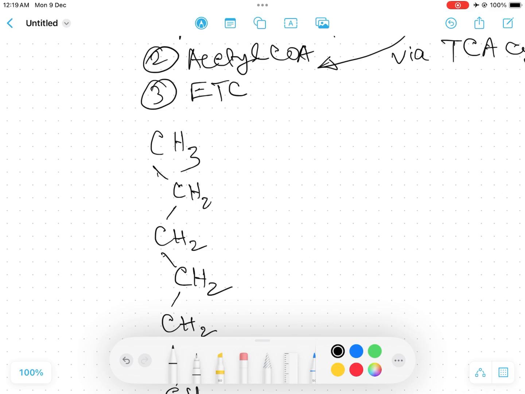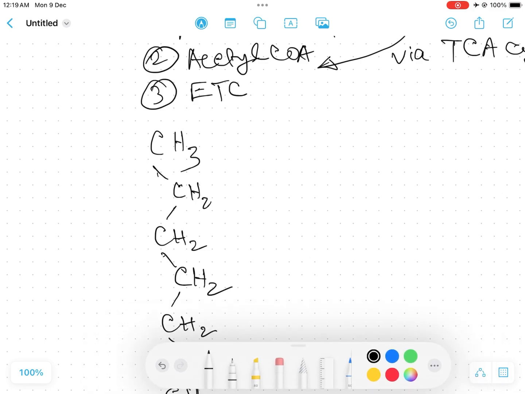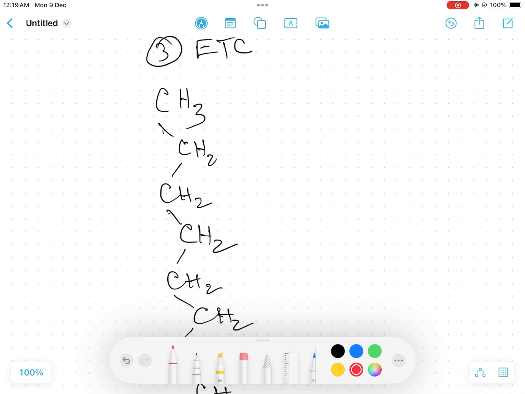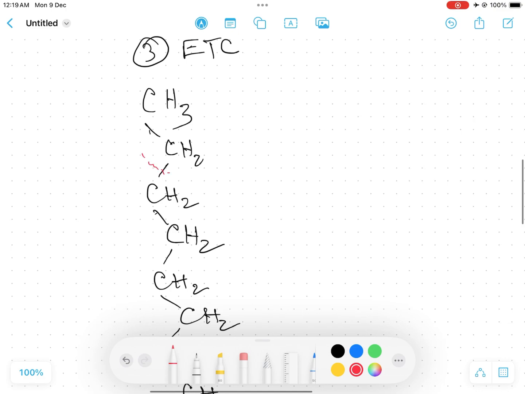Okay, so now basically what happens in fatty acid oxidation, so most common is the beta oxidation. From each of these fatty acid chains, two carbon atoms are taken and converted into acetyl CoA. So the fatty acids undergo oxidative removal of successive two carbon units.